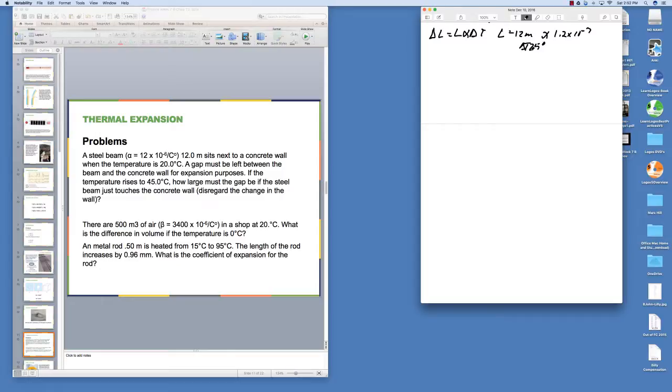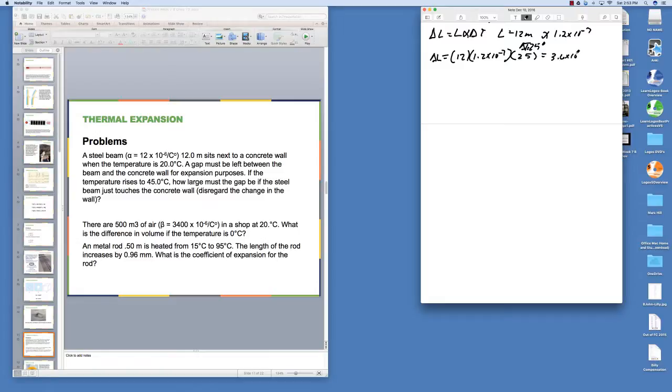That's delta T. So if we put delta L in there, it's going to be 12 times 1.2 times 10 to the minus 7 times 25.